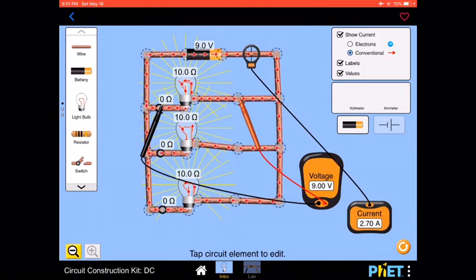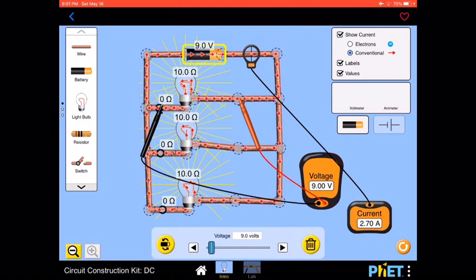Right, now let's do this. What I'm going to do is change the voltage slightly of this battery. Here, I'm going to change the voltage. Now see, when I change the voltage, what happens to my current in the circuit?